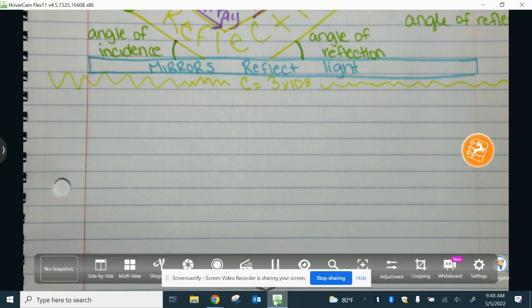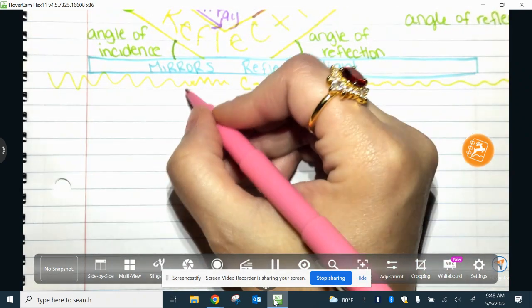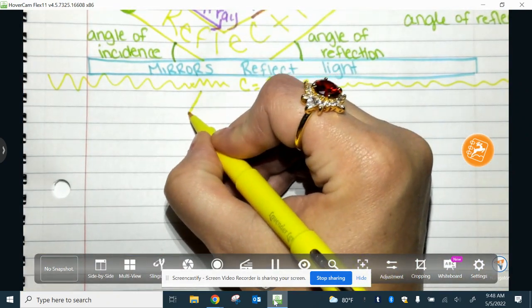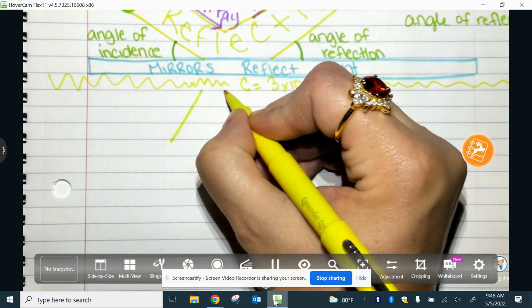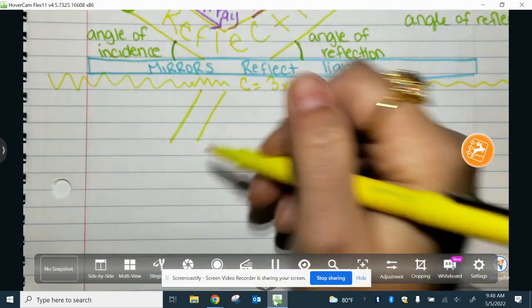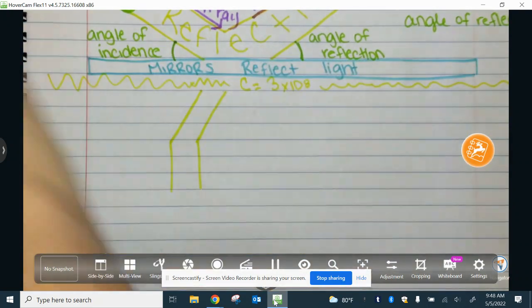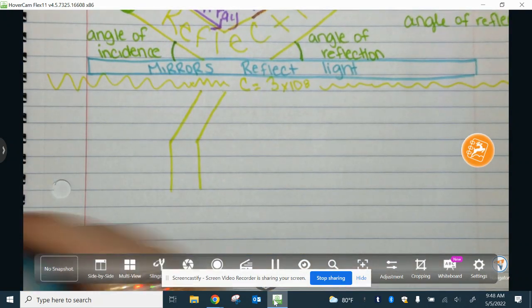All right. Reflection is bouncing off. What is refraction? Bending. Bending because of different mediums. Okay, so I'm going to draw another beam of light, and I'm going to refract it this time. I'll do it in yellow. New beam of light, and it's bent.